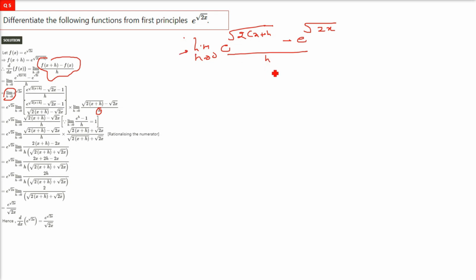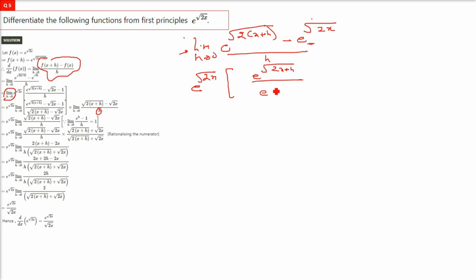Alright? Okay. So what can we do? Here we can do nothing now. So the only thing remaining, what we have done in the previous question, is take e raised to the power under root 2x outside. So e raised under root 2x you are taking common, and that term has to be in the denominator of the first term because you have forcefully taken it out.